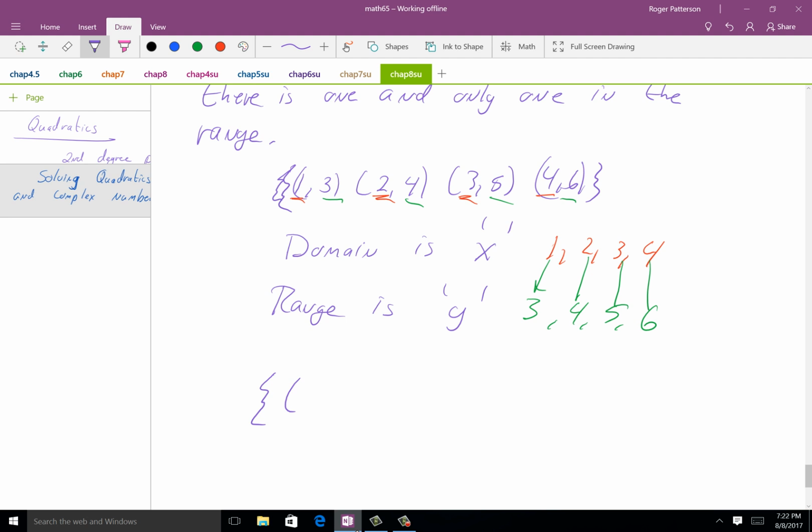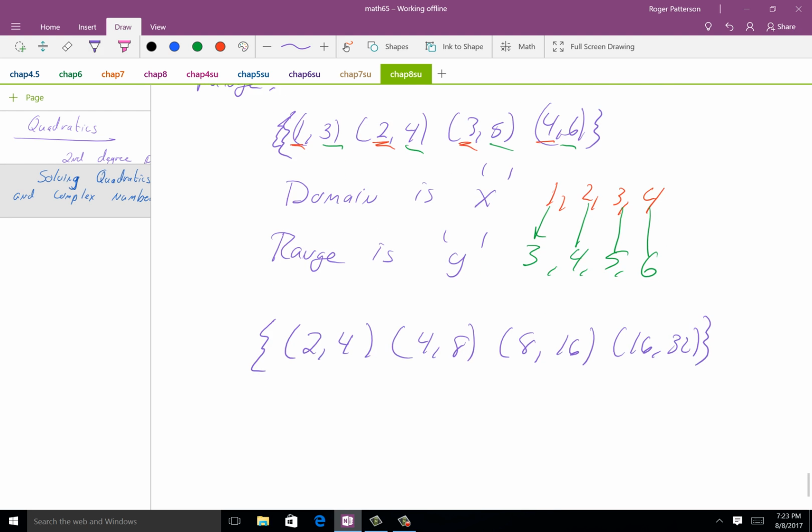Let's say we have something like this: 2, 4, 4, 8, 8, 16, 16, 32. So the domain, again, is all the x values. What are the numbers that are in the domain? 2, 4, 8, 16.